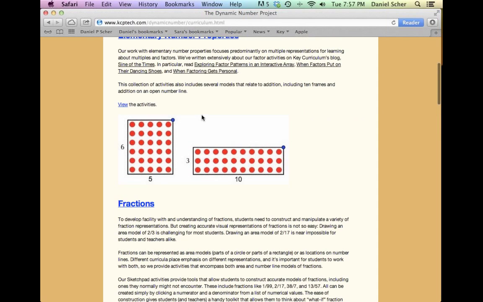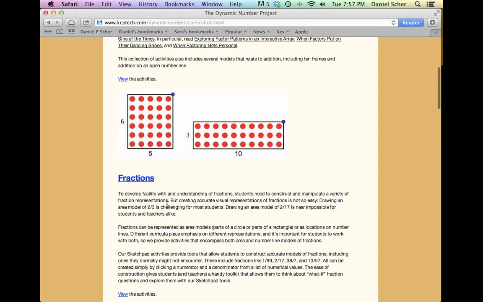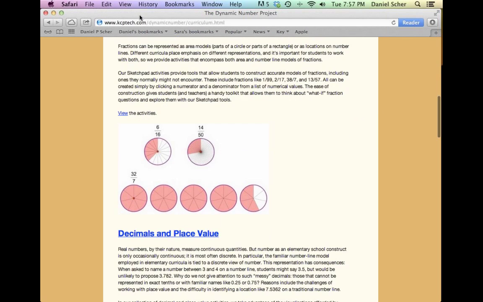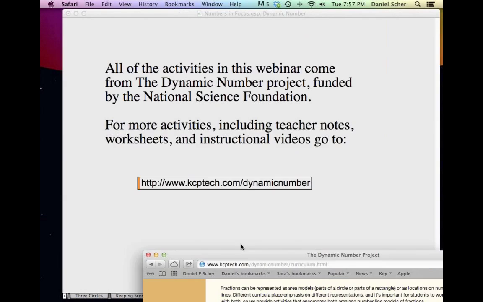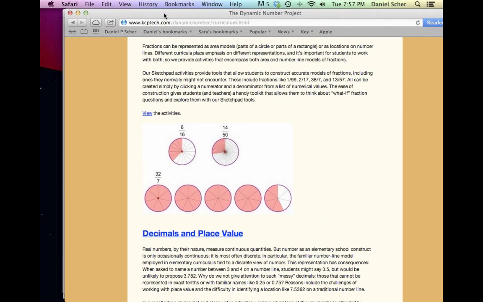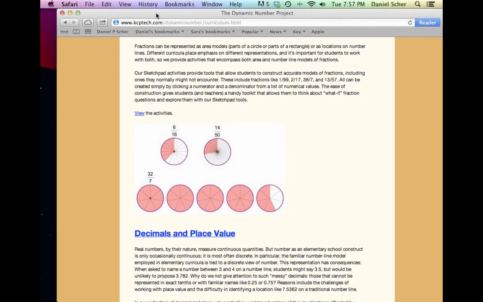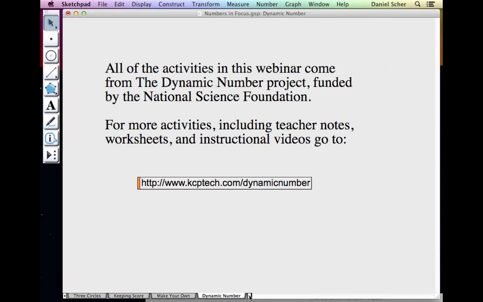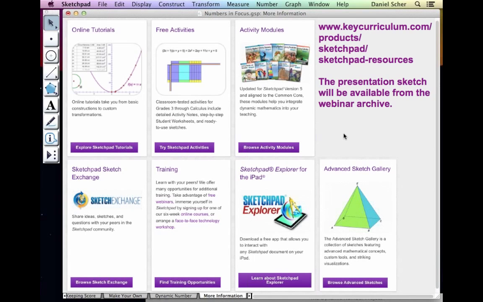And I would be very interested if you use these activities to get some feedback on them because they're still under development. You can also find these activities in the Sketch Exchange, which Andres was talking about at the beginning of the webinar. And this last page of my sketch, which you'll receive, gives you information about where you can go to get our online tutorials, other free activities, activity modules.